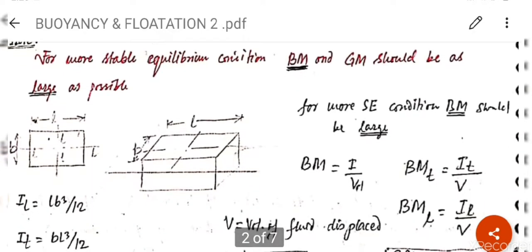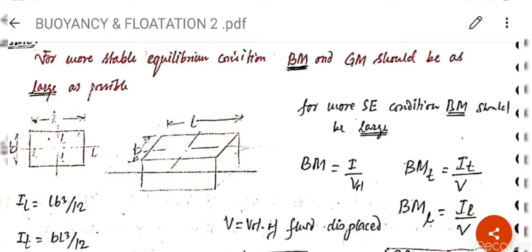So now, for more stable equilibrium condition, BM and GM should be as large as possible. But it is not always possible. So, see the example to find out BM. I have taken a cuboid of length L and thickness or width B. See the top view of this.